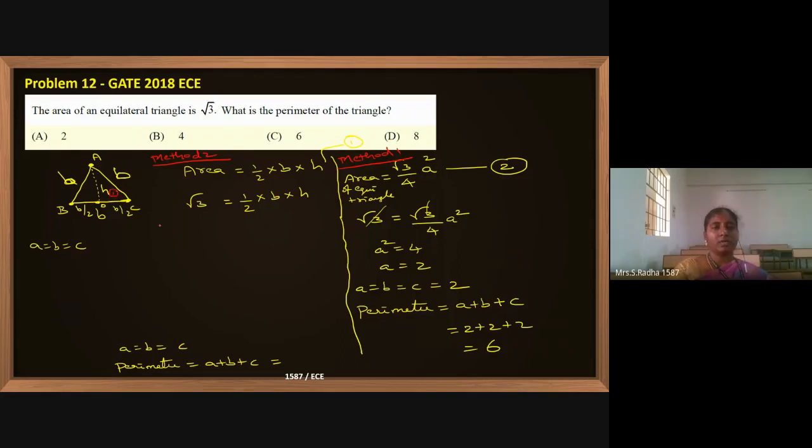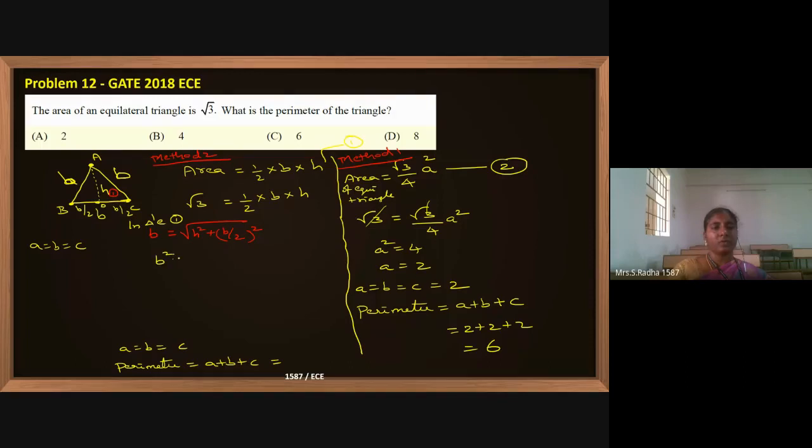In triangle 1, b is the hypotenuse. So the hypotenuse value b is nothing but the square root of h square plus b by 2 whole square. This I am doing in triangle 1.